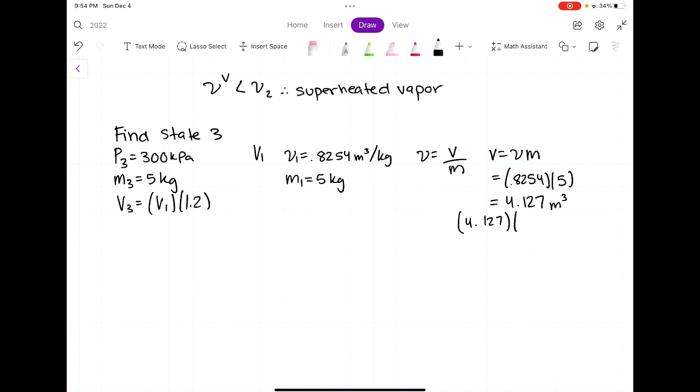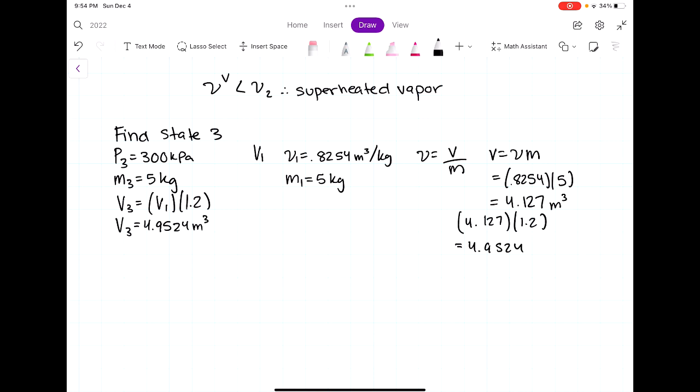It was told to us in the problem statement. So times 1.2 is going to give us 4.9524. So volume in state 3 is 4.9524 meters cubed.